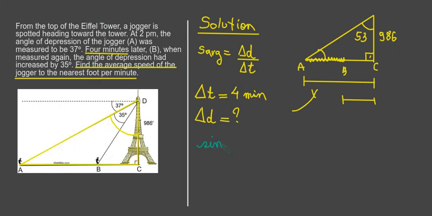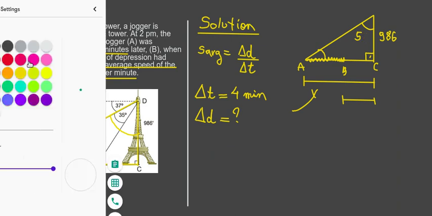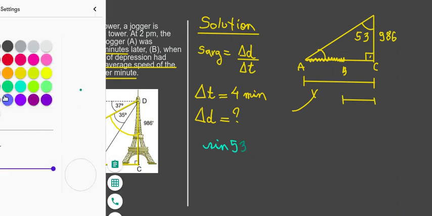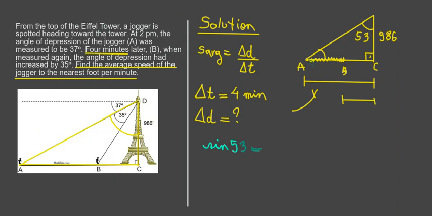So the sine of 53 is just equal to the opposite side, which is this entire side, AC, divided by the hypotenuse.